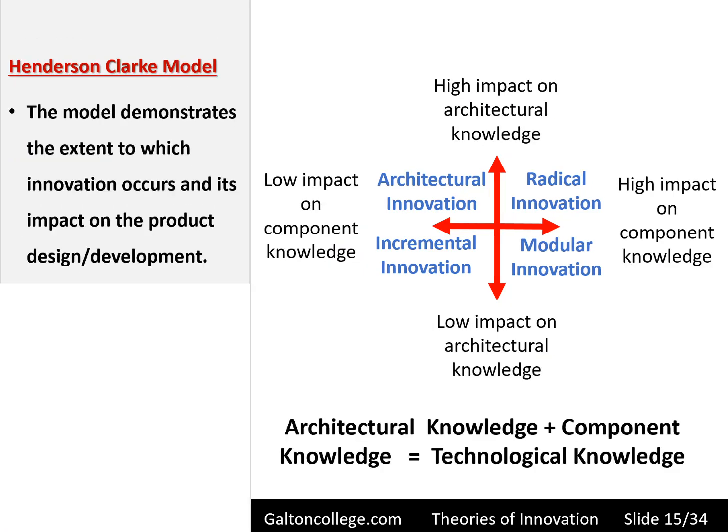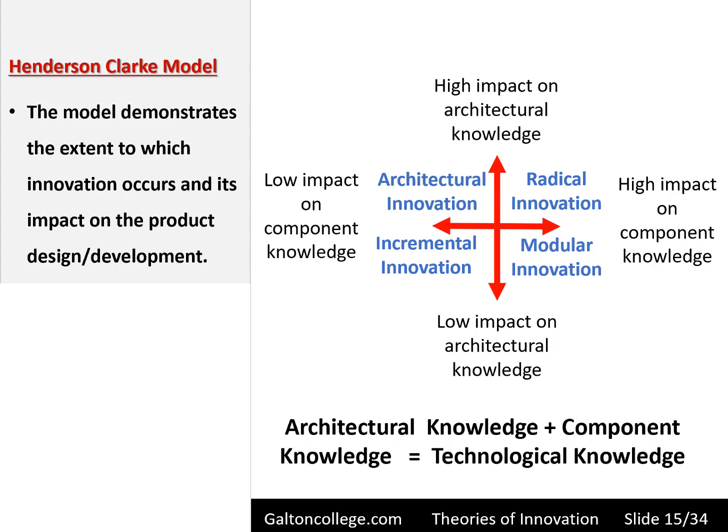The model demonstrates the extent to which innovation occurs and its impact on the product design or development. So it looks at the extent of the changes. And if we look on the main part of the slide here, the bottom part on the right hand side, it says architectural knowledge plus component knowledge equals technological knowledge.